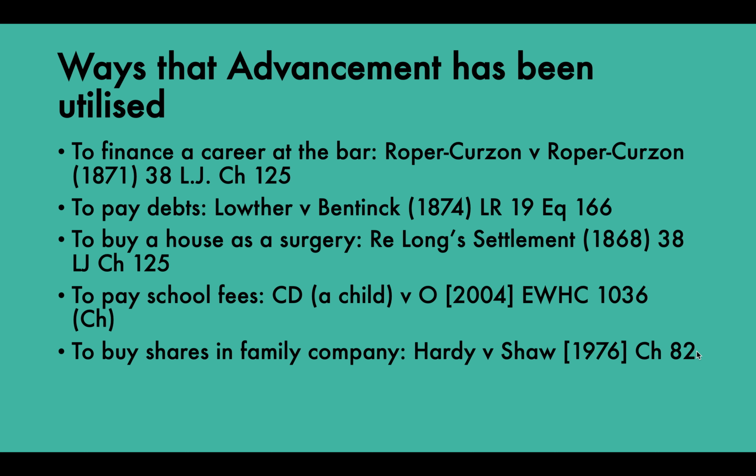So in this top case here, we have an advancement made to finance a career at the bar. We've also had advancements made to pay debts, advancements made to buy a house as a surgery, advancements made to pay school fees, and advancements made to buy shares in a family company. So there are different ways in which advancements have been made for some particular benefit to the beneficiary.